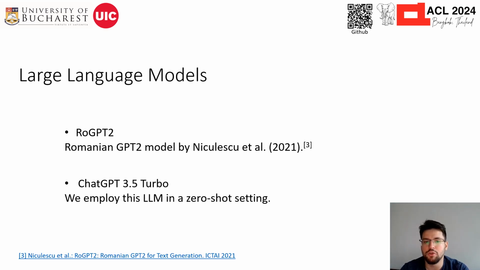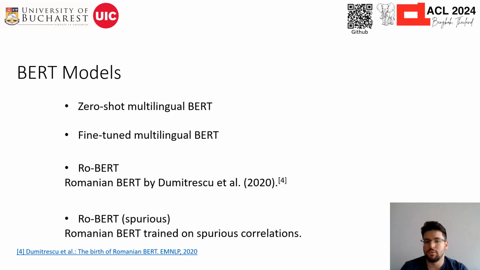We employed 2 large language models, which are RoGPT2, which is fine-tuned on our task, and a zero-shot large language model, which is GPT 3.5. In terms of the BERT models that we tried out, we used a zero-shot multilingual BERT model, a fine-tuned BERT model for the natural language inference task, and a Romanian BERT, which was trained on Romanian data.